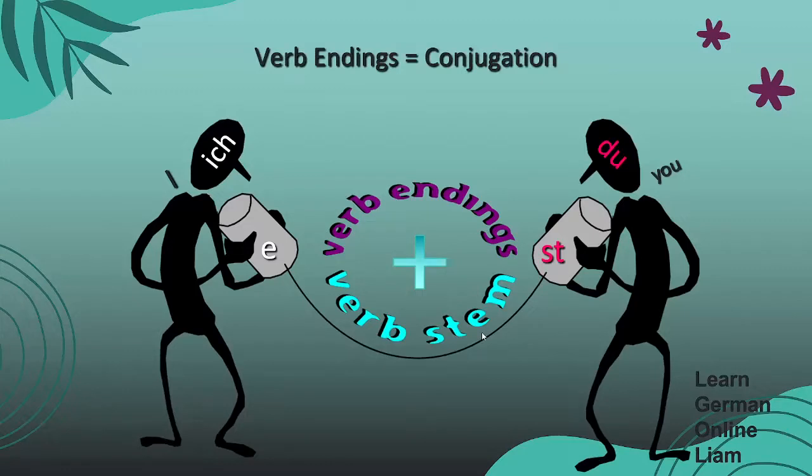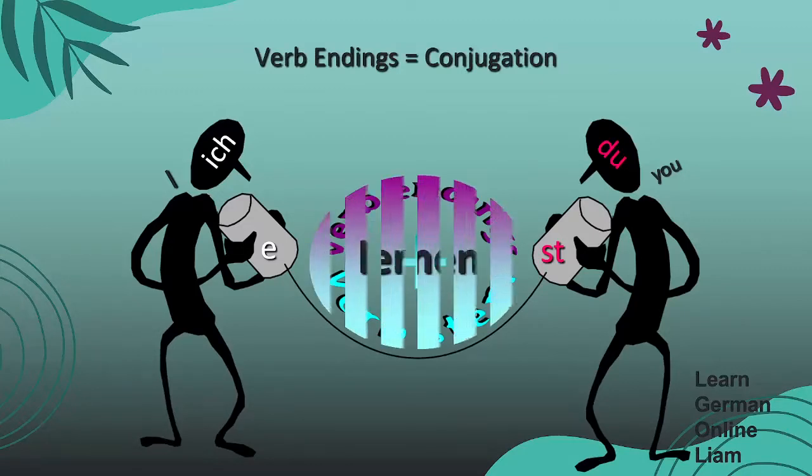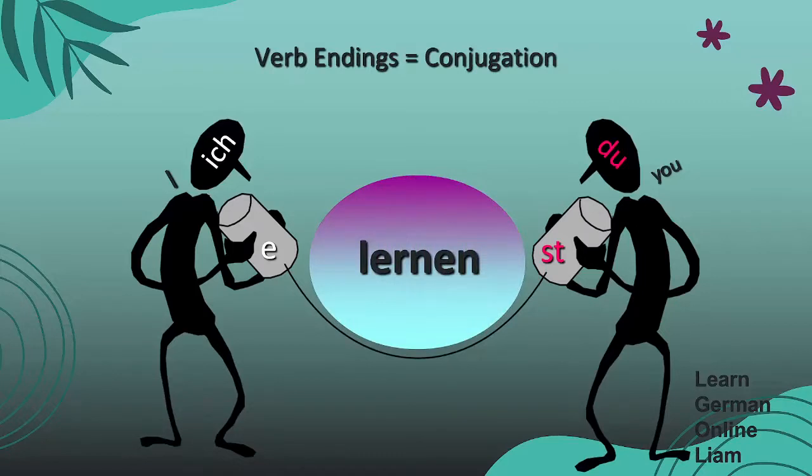Let's see one more example where I talk about myself, first person singular, with the verb lernen. I'll say ich lerne Deutsch, I learn German. See the ending of the conjugation, e.